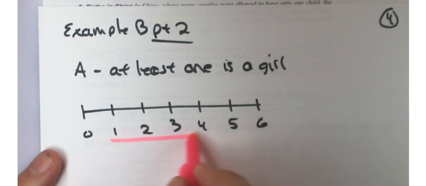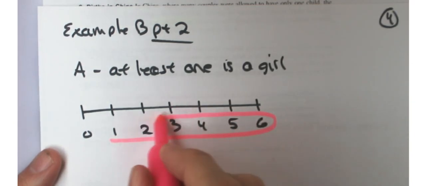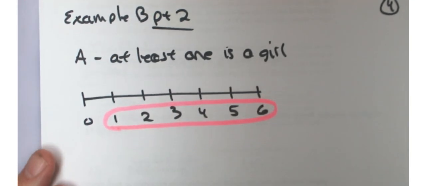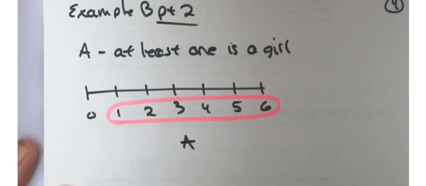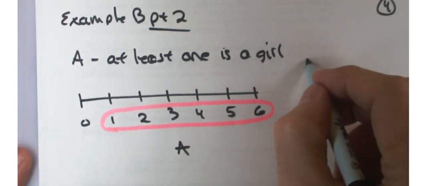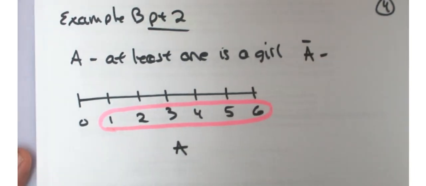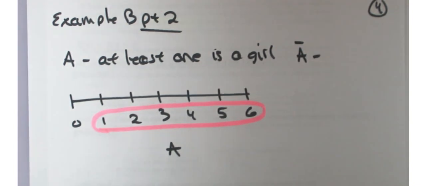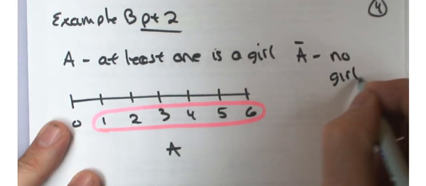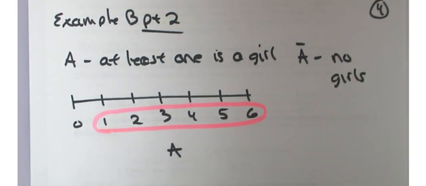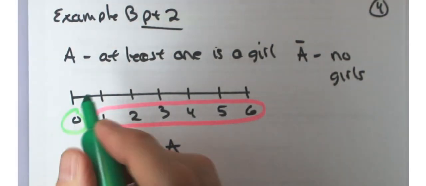All of this, 1 to 6. So all of this, 1 to 6, is event A. In words, what does A bar mean? 0. So A bar is no girls, and that's what I circle here. This is event A bar.